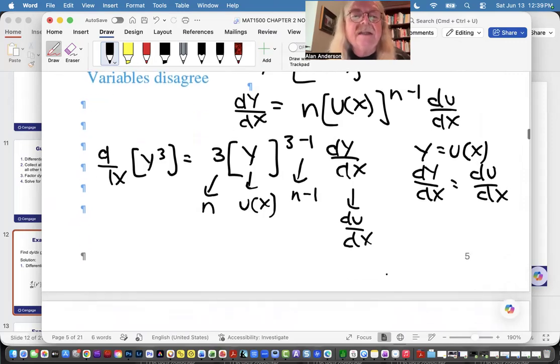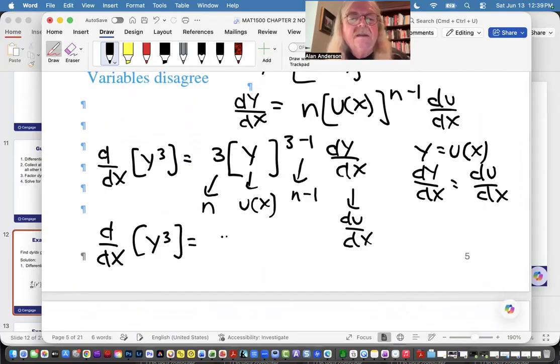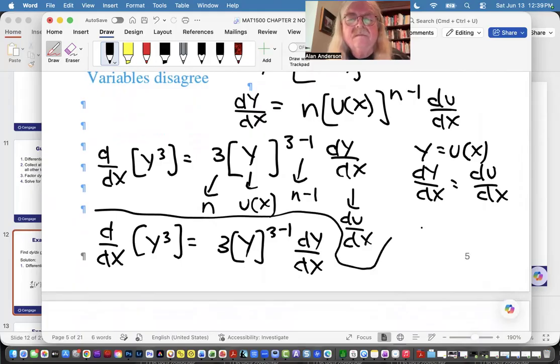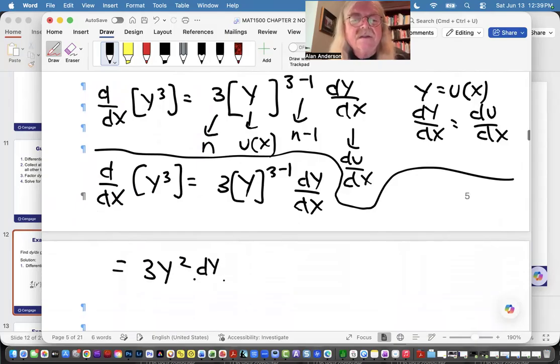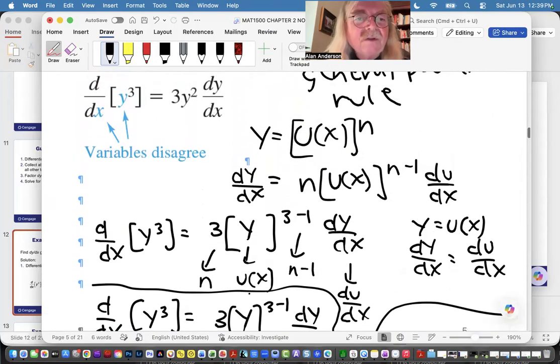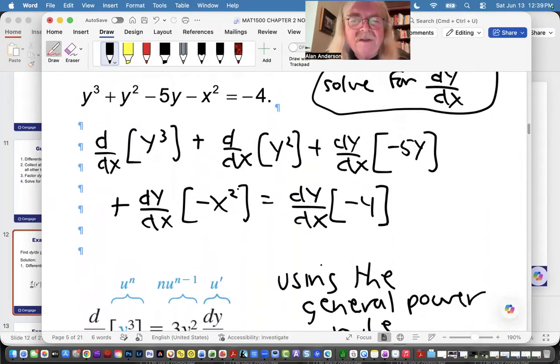So the bottom line here is that for y cubed, we end up with 3y to the 3 minus 1 dy dx. And that reduces very nicely to 3y squared dy dx. Okay, now that's just the first of many terms. We also need a y squared.